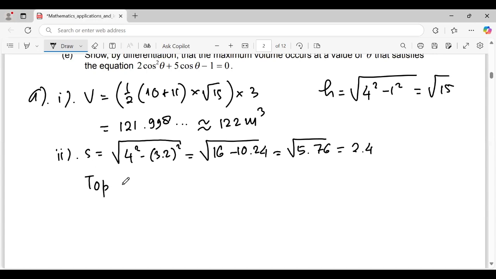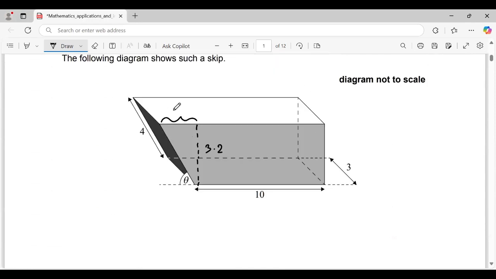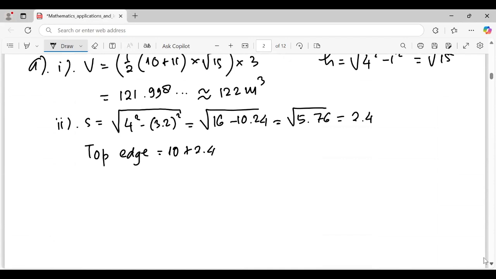So the top edge is 10 plus 2.4 because I'm going to show you this is 2.4. If this side is 2.4, this top edge is 2.4 plus 10, 12.4 meters.